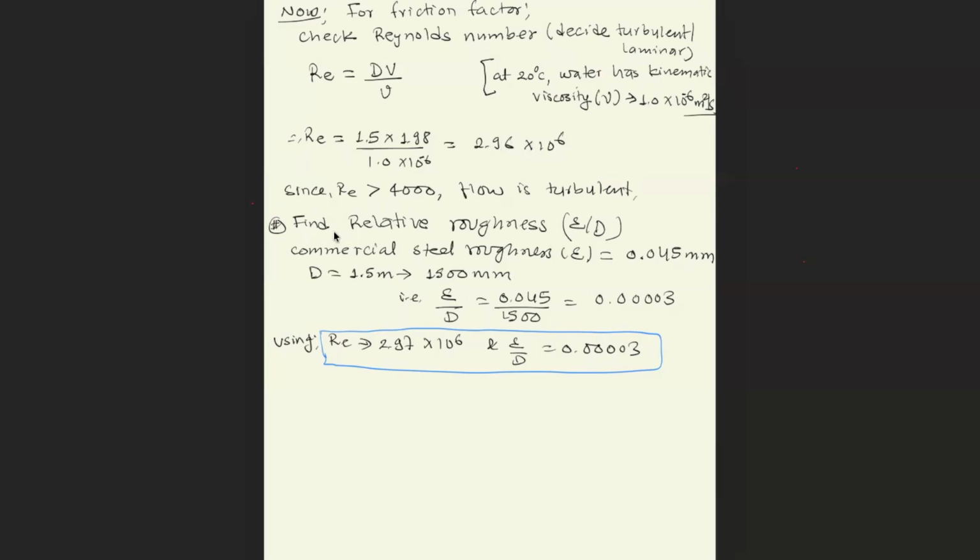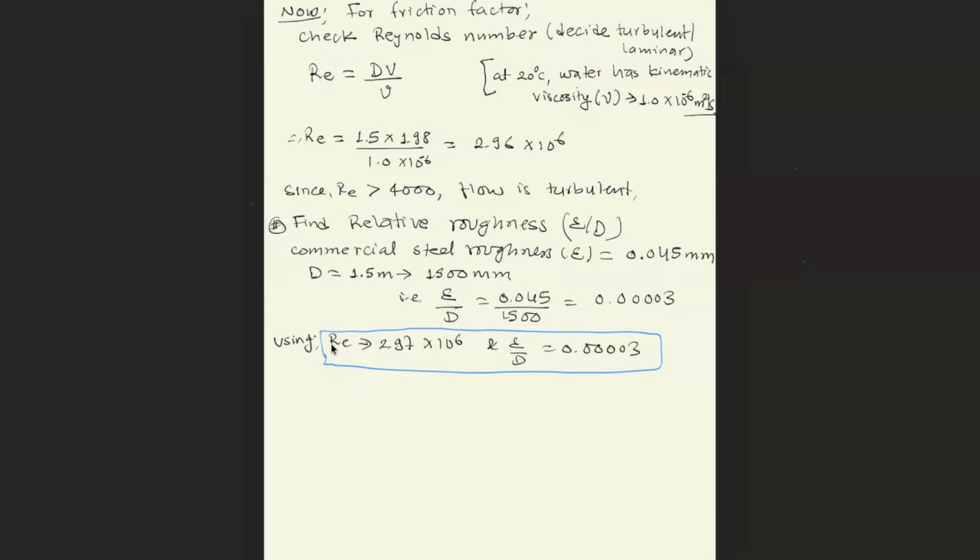Similarly, we find the relative roughness e by D. For commercial steel, roughness e is tentatively 0.045 mm, and the diameter is 1.5 meters, which converted into millimeters gives us 1500. So e by D is equal to 0.00003.